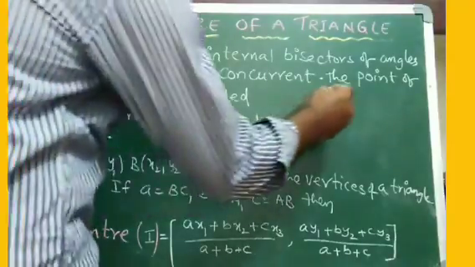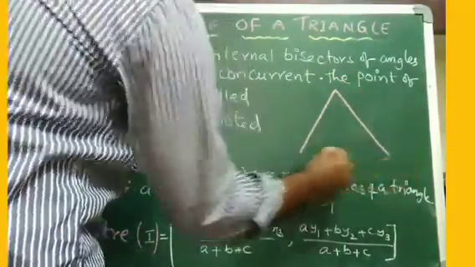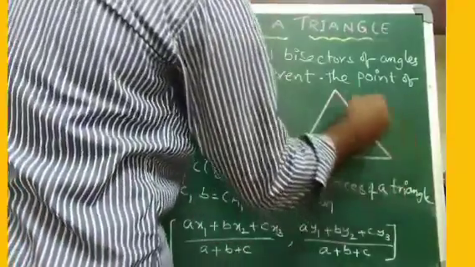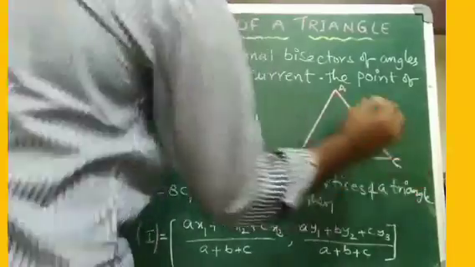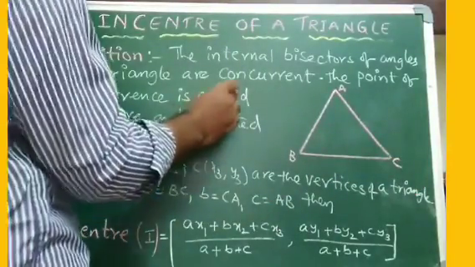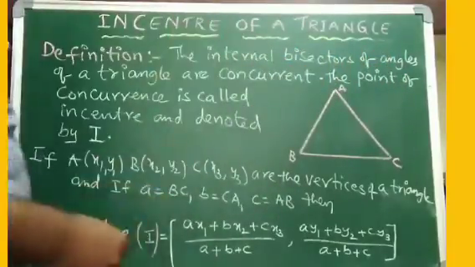So let us see this. Assume that ABC is a triangle. Now here we are talking about internal angular bisectors.